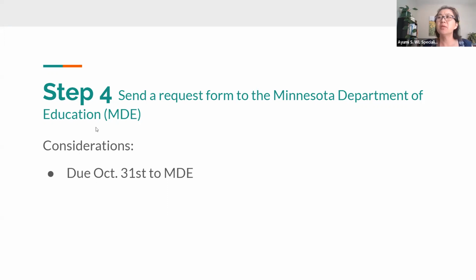Once you identify the students, MDE, the Minnesota Department of Education, asks people to fill out the form. Currently it's done on paper, but we're looking into digitalizing it in the next couple of years. The due date is October 31st for the previous school year.